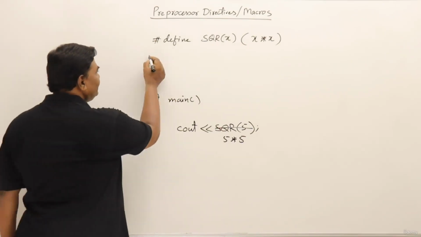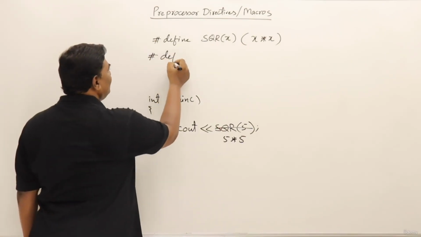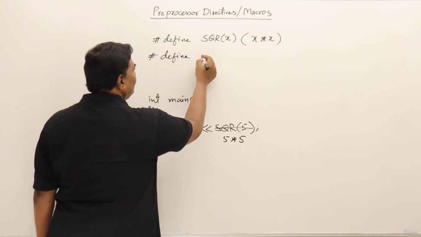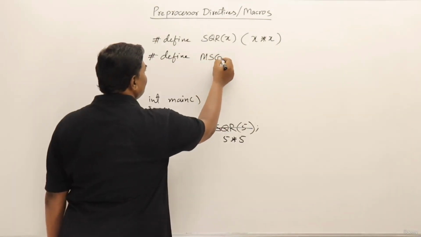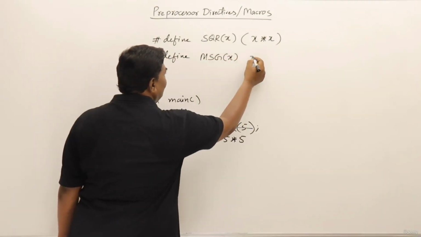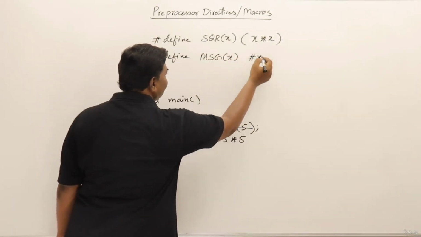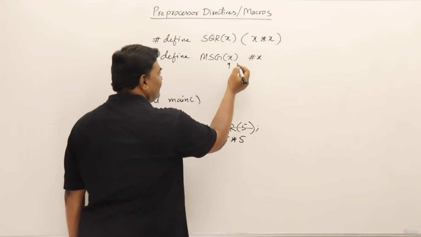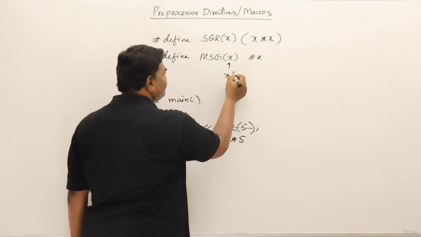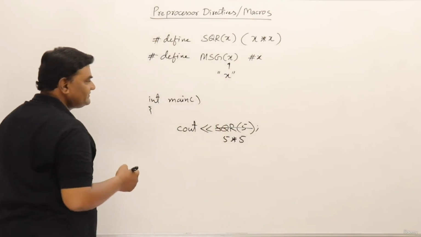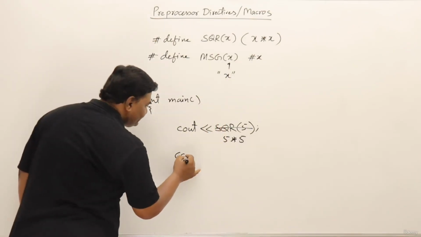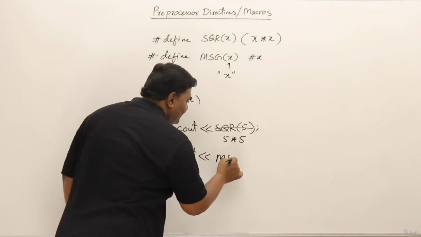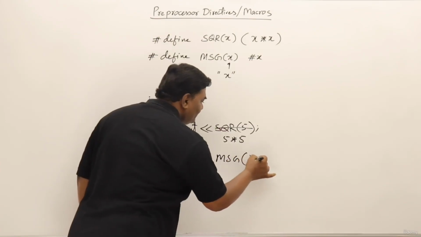Now there is more on this one. See, #define msg x, and if I write #x, then whatever parameter I send, it will be converted into a string by adding double quotes. Let me show you. Cout msg hello.